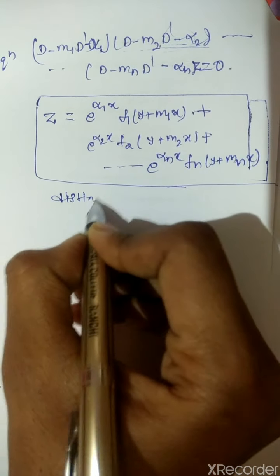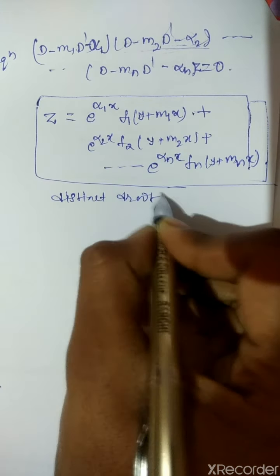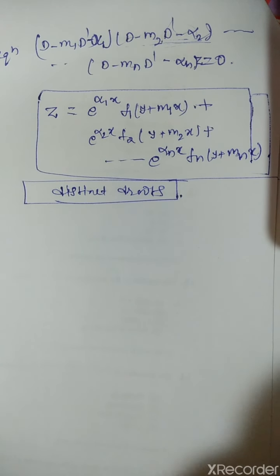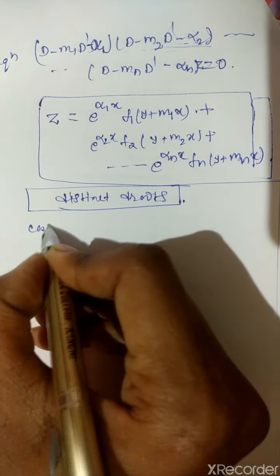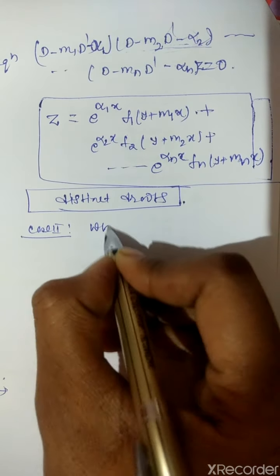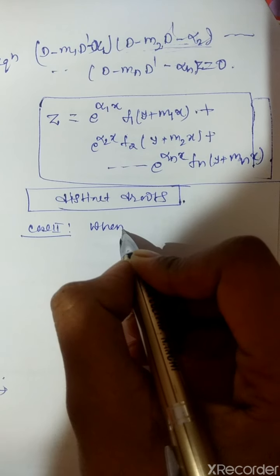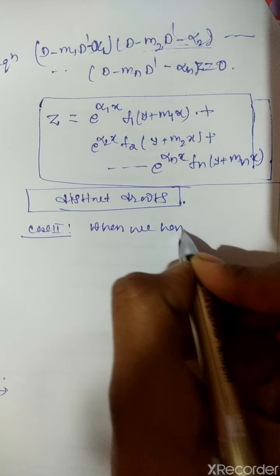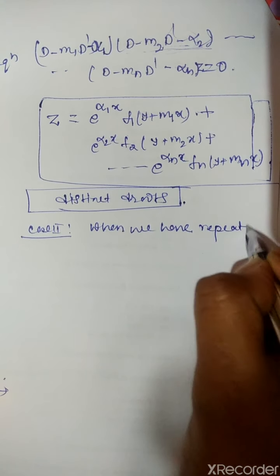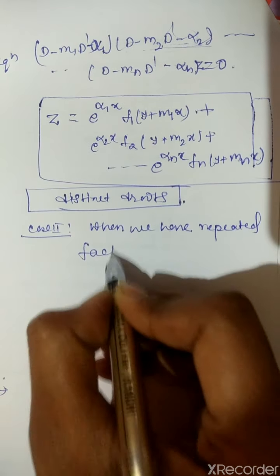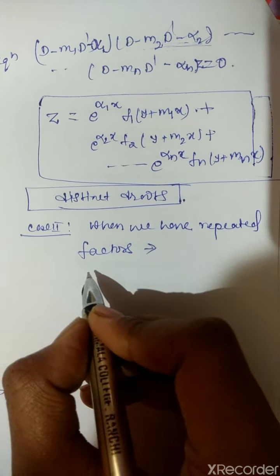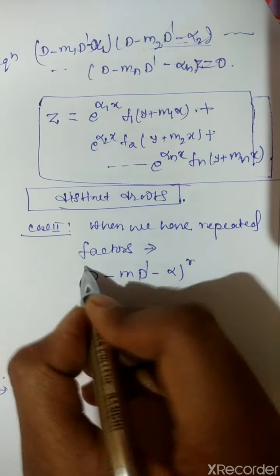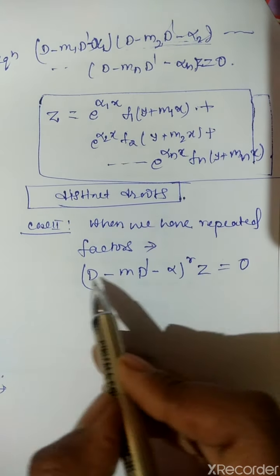When we are having distinct roots, that is, in our auxiliary equation we are getting n different roots. But case 2, when we have repeated factors, that is, the equation is of the type (D - mD' - alpha) to the power r z = 0.